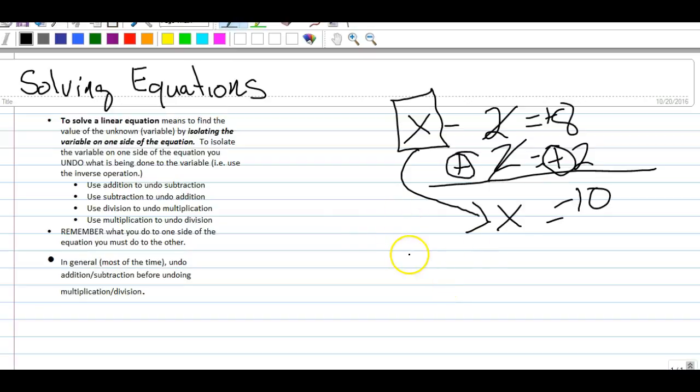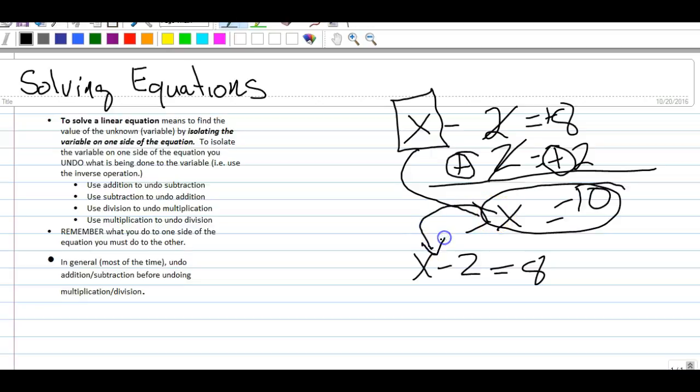So go back to the original equation, x minus 2 is equal to 8. And now we're going to substitute 10 in for x, just like we did when we were evaluating algebraic expressions. And if I solve this correctly, then the left side should equal the right side. 10 minus 2 is 8, and 8 is equal to 8. Checks out.